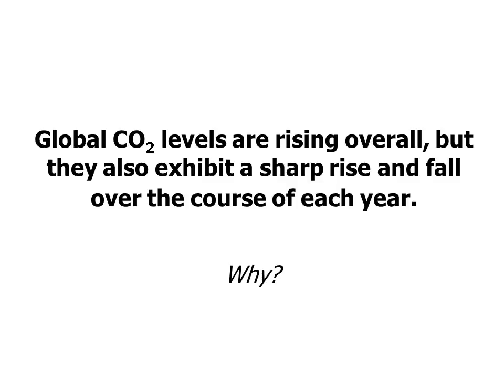Then you have lower rates of carbon dioxide consumption, causing an annual peak in atmospheric carbon dioxide levels. So you'd have more carbon dioxide in the atmosphere during winter. But in the summer, when those leaves are present and the sunlight is really strong, you're going to have consumption of carbon dioxide, causing a drop in the atmospheric carbon dioxide level. So overall the average is rising, but there are always fluctuations up and down.